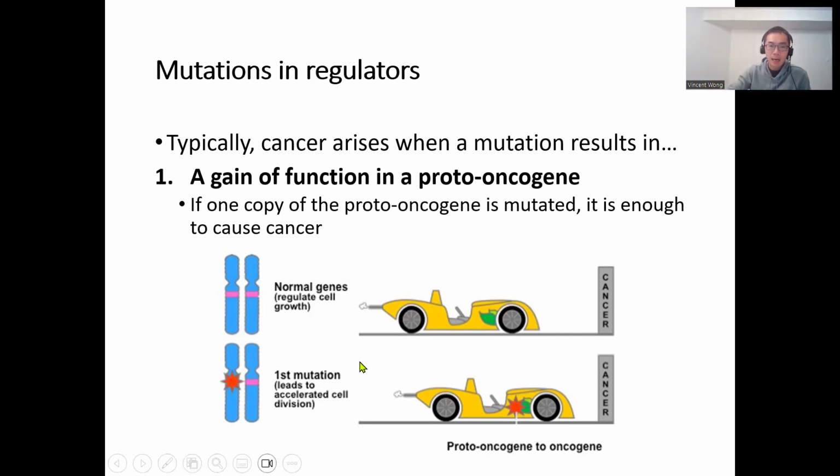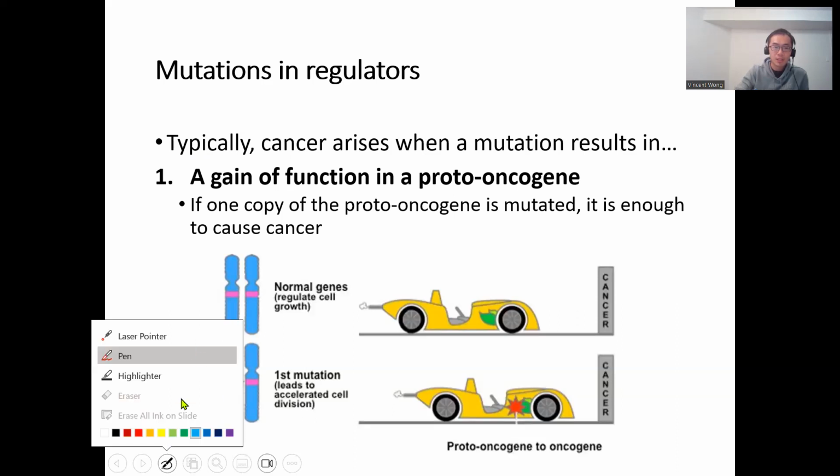So if you think of a car, how do you make a car go faster? Well, you step on the gas pedal, right? And in this case of a gain of function mutation, it's like having a stuck gas pedal, okay? And it will keep on accelerating, right? It won't stop. So only one mutation is enough for this to happen.